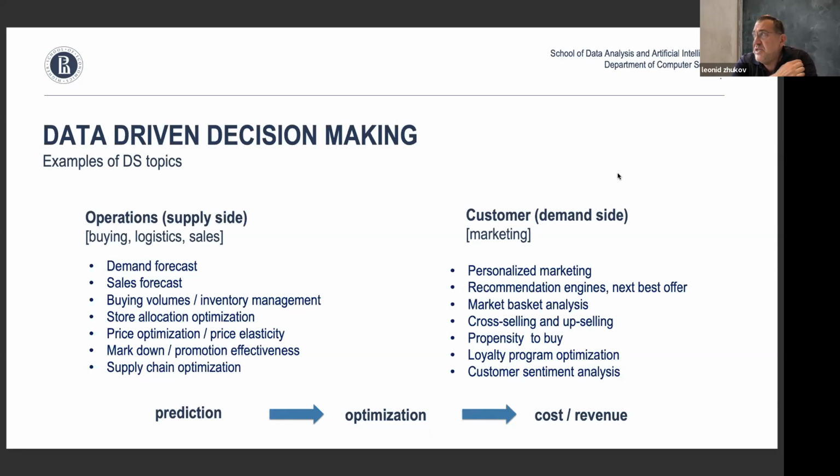Loyalty program optimization is, first of all, designing a loyalty program, and then, depending on that design and based on particular customer behavior, what kind of rewards the customer is going to get. Typically in retail the loyalty programs are quite easy, but airlines have very sophisticated loyalty programs with different types of upgrades, etc. And Starbucks created a loyalty program with games embedded in it, and none of them are just designed by intuition.